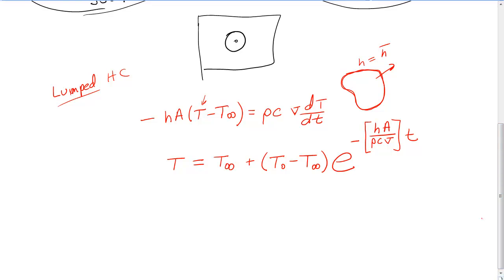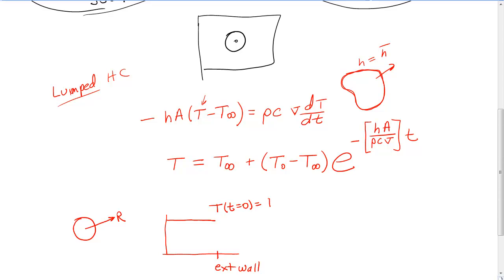Now let's consider the case in which the turkey was put in the oil. If you were to put a coordinate r and it was a perfect sphere, and you dump this in, say this is the external wall of the turkey. When you had the turkey at time t0, temperature at t equals 0 is equal to T0.